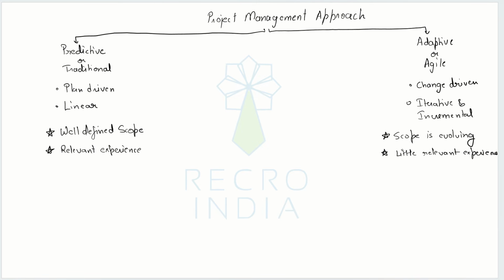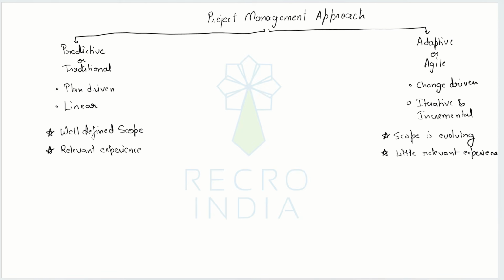However, that's not correct. If I can properly plan something in advance in detail, then obviously I'm going to make sure that my cost, time, resource utilization is optimized through proper planning as much as I can.